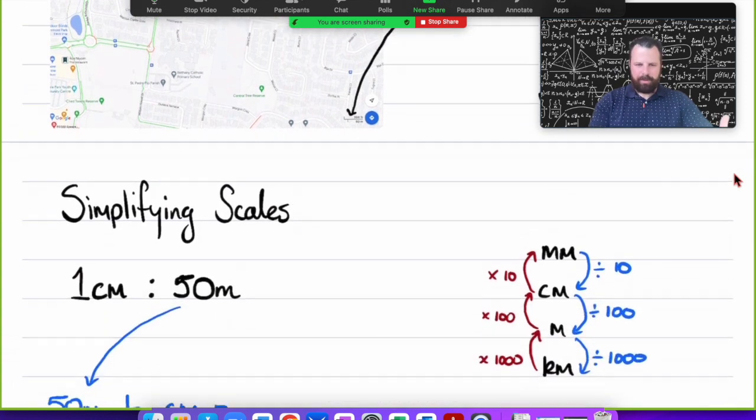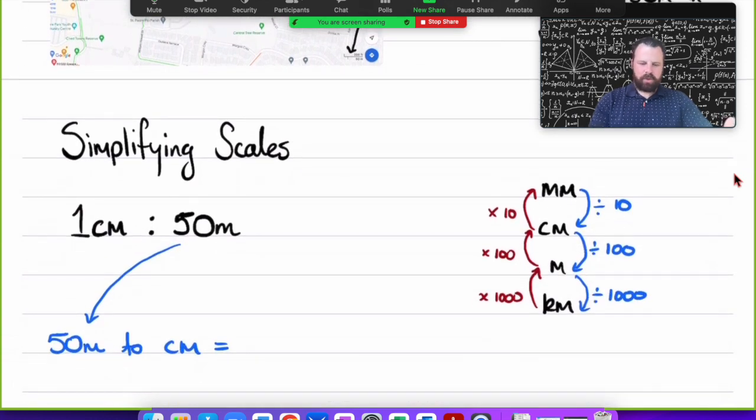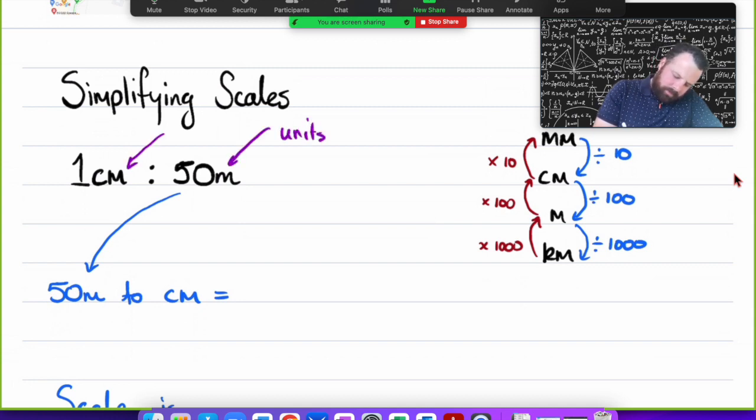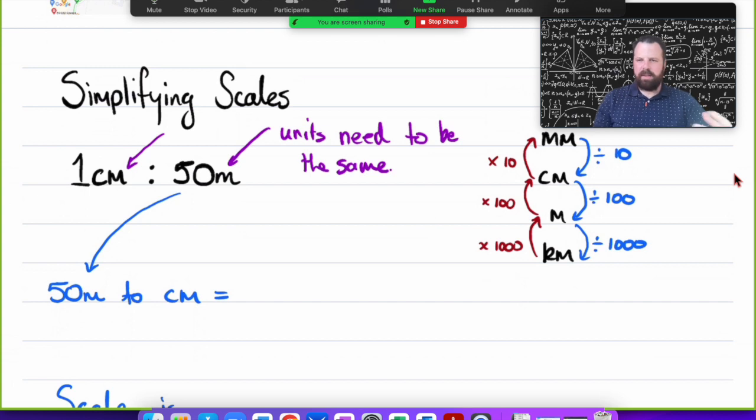We're going to talk about simplifying scales. The first thing we want when simplifying our scales or ratios is that the units need to be the same. Right now, centimeters and meters are not the same, so we need to convert 50 meters to centimeters.